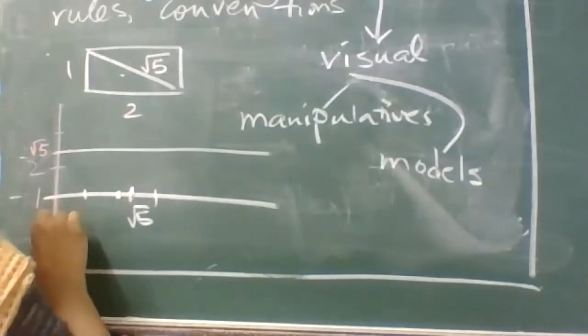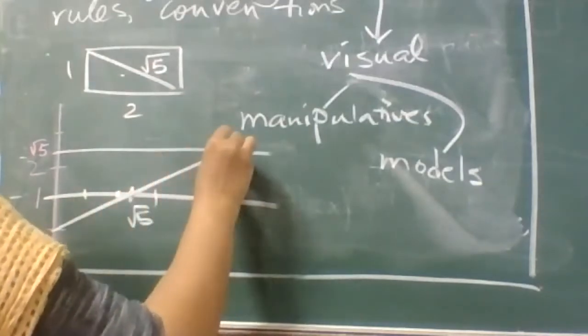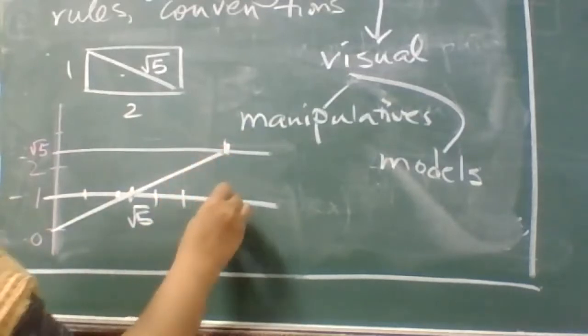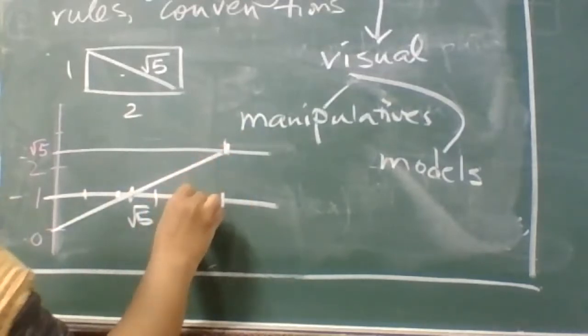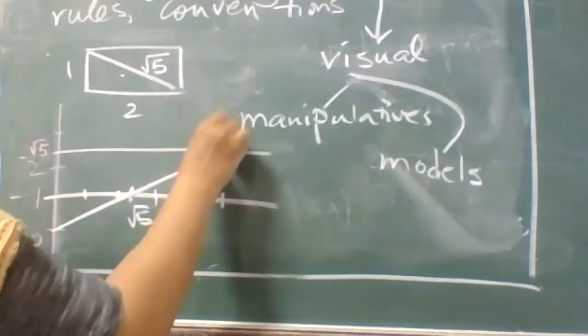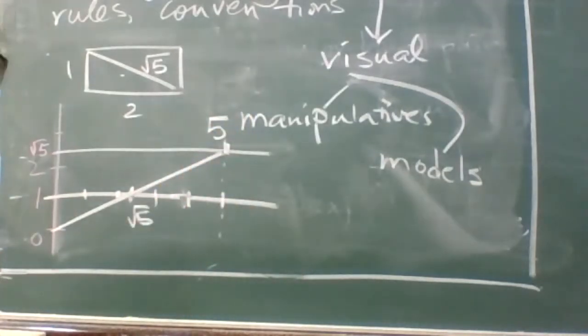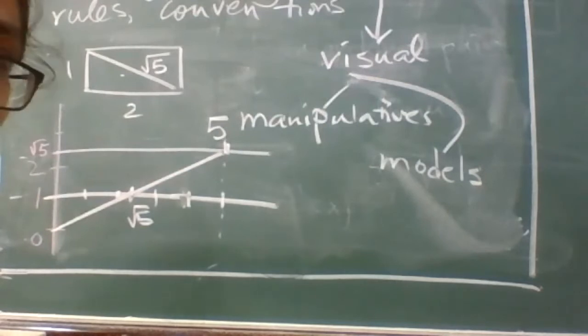So when you get here, it actually turns out to be exactly 5. You can do it on a dot sheet, and of course you can do it on GeoGebra also, but doing it on a proper dot sheet makes a hell of a difference.